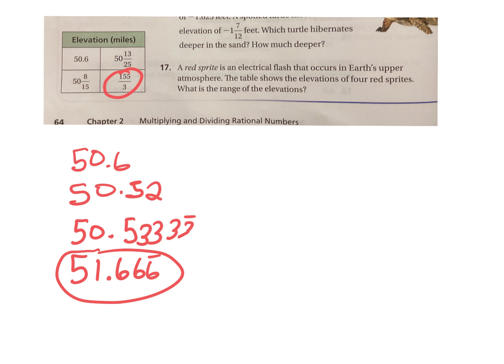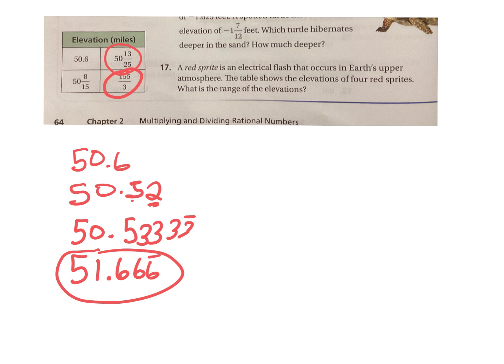And my lowest would be 50.52. So 50 and 13 25ths is the lowest. So now I just have to find the difference between those two. And I'm going to make 50 and 13 25ths into an improper fraction.